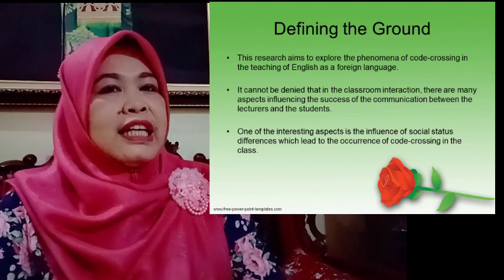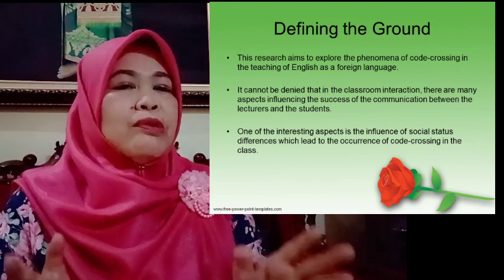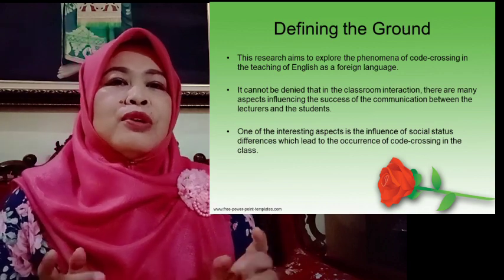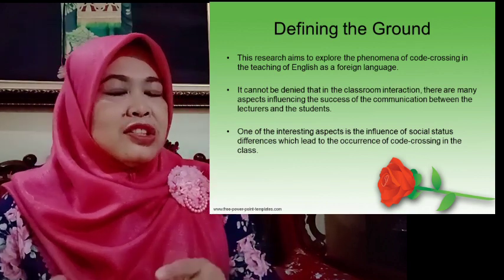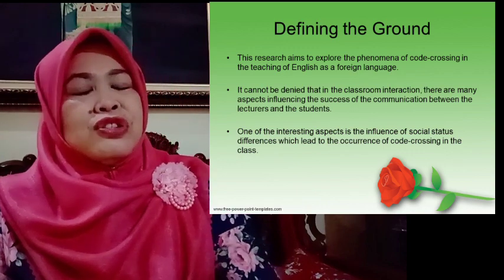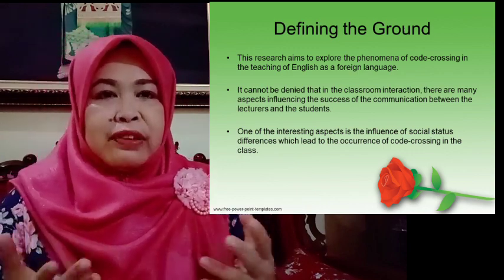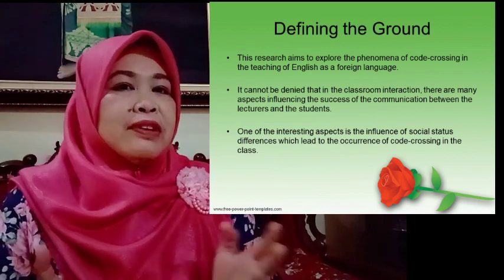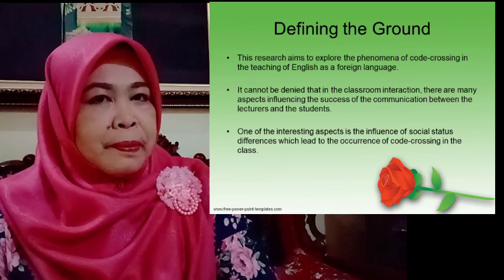It should be noted here that in the class, there will be many aspects that can influence the success of communication between the teachers and the students. And of course, the teachers and the students need to create effective communication strategy in order to create effective classroom interaction.